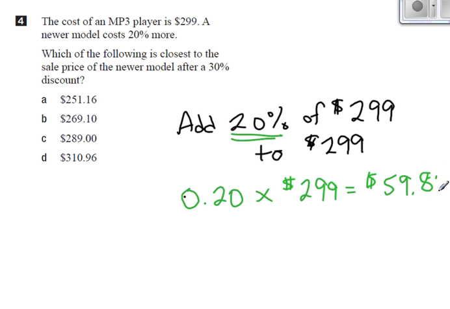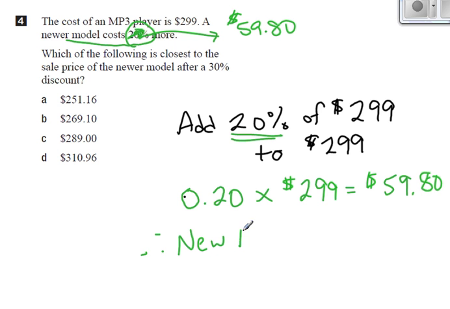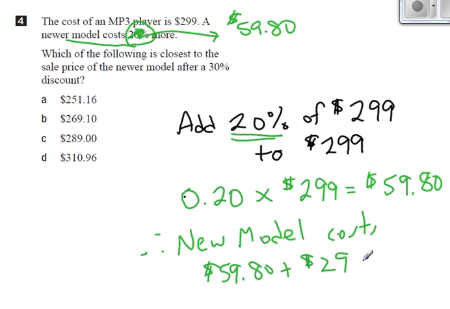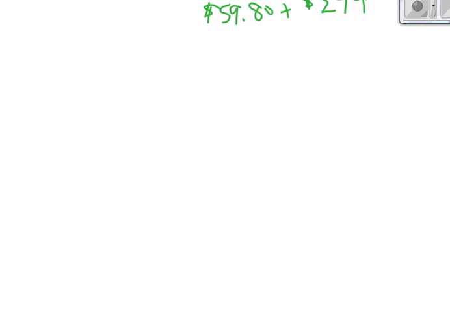So when the question says that the new model costs 20% more, I can say that the new model costs $59.80 more. Therefore, the new model costs $59.80 plus the original price of $299, so the new model costs $358.80.